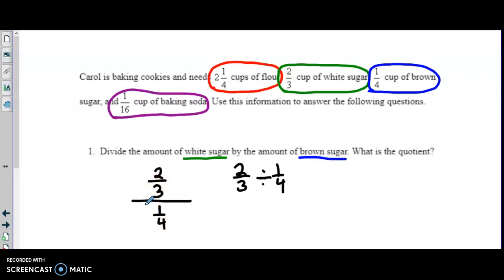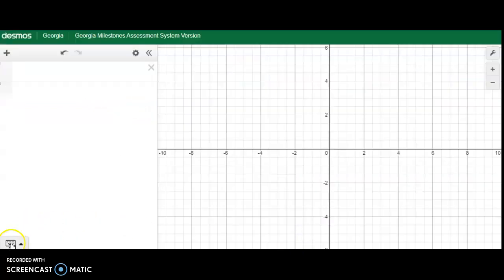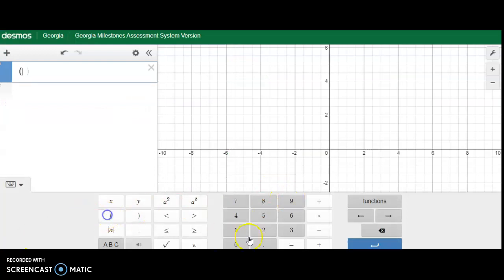And I'm going to use the calculator because I need to be very proficient with my technology. So I'm going to do 2/3 divided by 1/4 in my calculator. But please remember, when you do it in the calculator, you have to put each fraction in its own parentheses. So let's go to the calculator. We're doing parentheses 2 divided by 3, and then we close our parentheses.